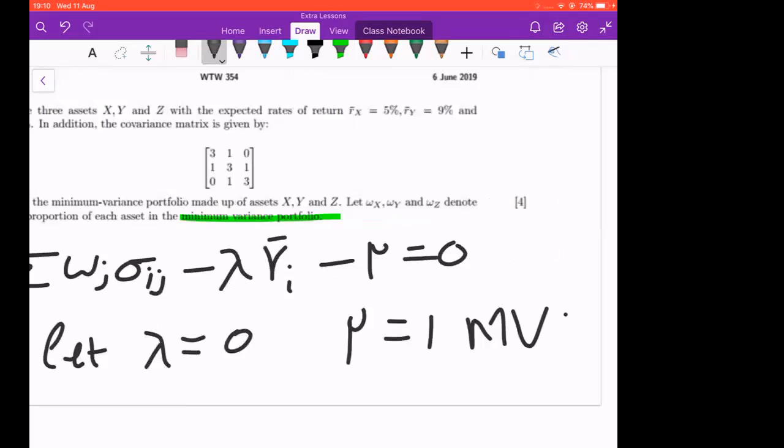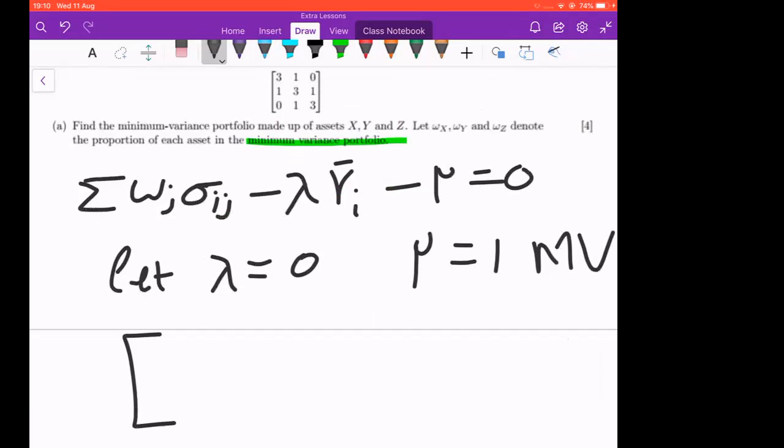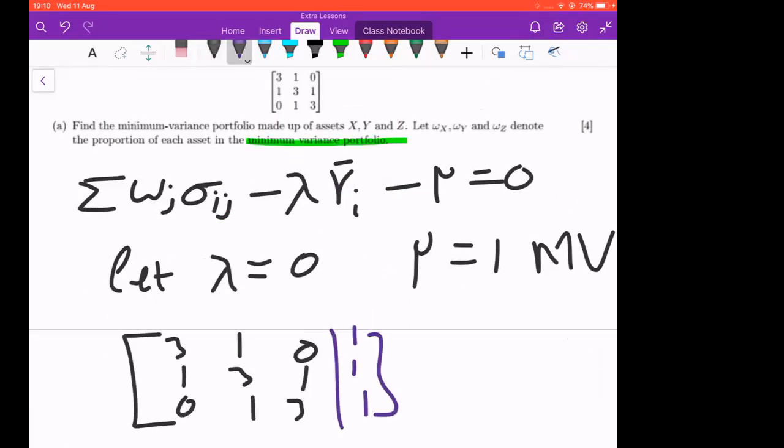So this is how you find your minimum variance portfolio. This simply means that you're going to have your covariance matrix times the weights, and then you're going to equate it to 1, 1, 1. I hope this makes sense.